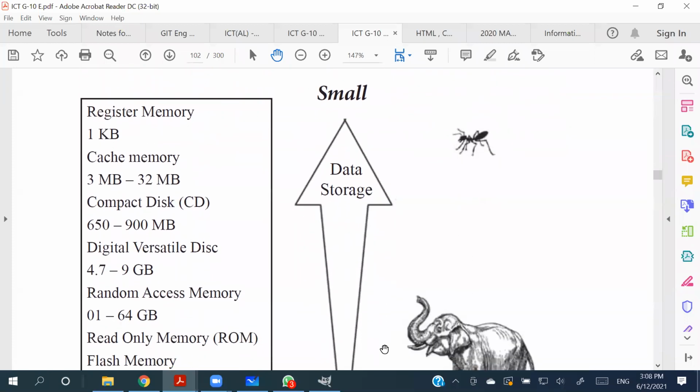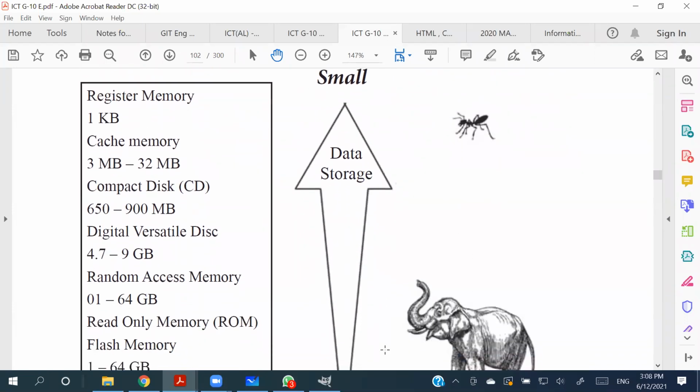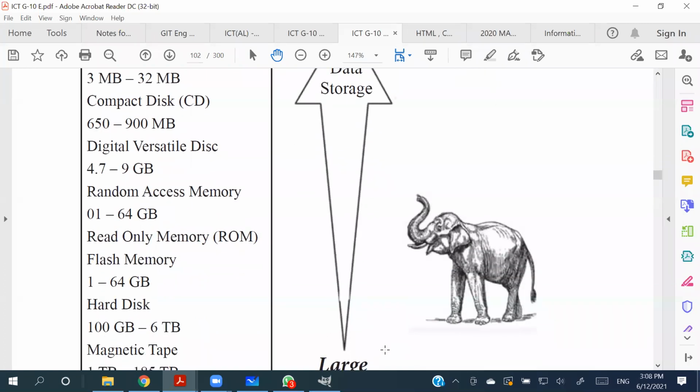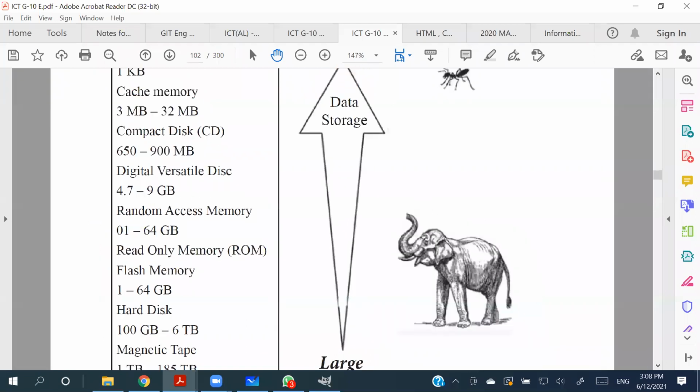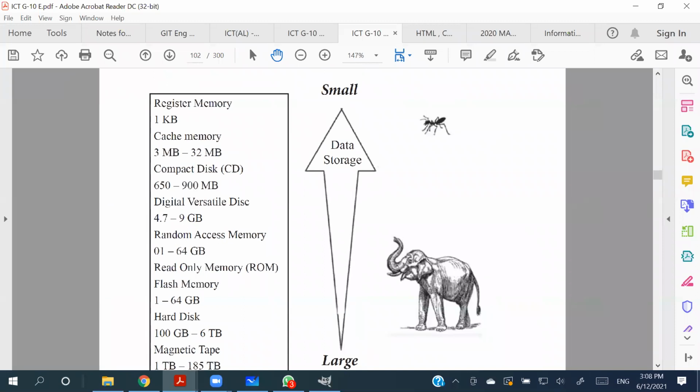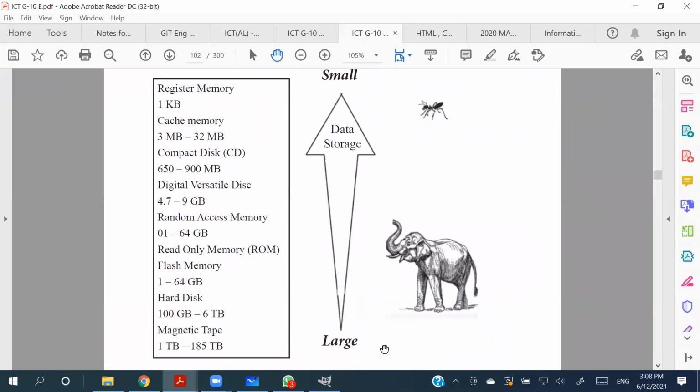You know these components from the second lesson: register memory, cache memory, compact disk, digital versatile disk, random access memory, read only memory. There is a way it maintains. So when you take it to one particular picture, register memory has the smallest capacity, right?